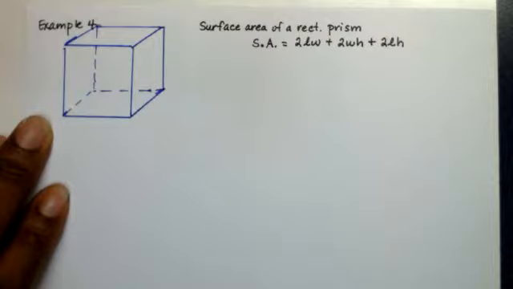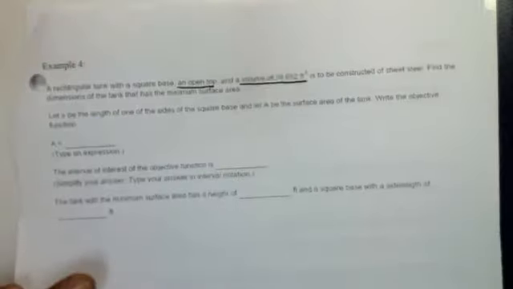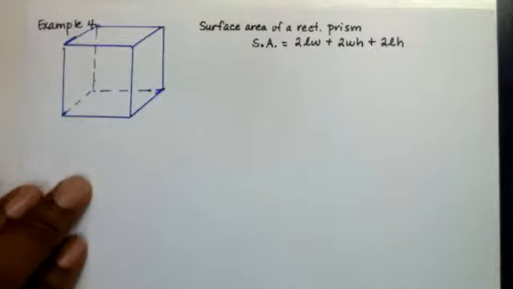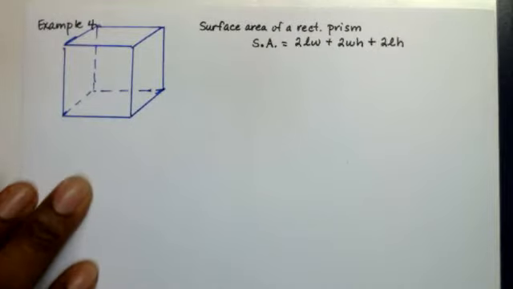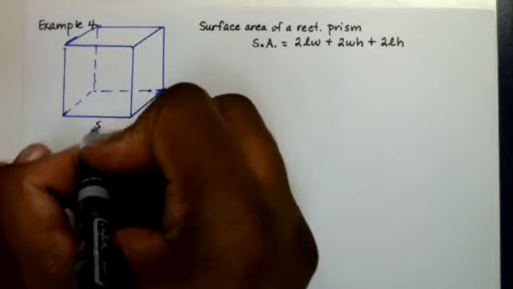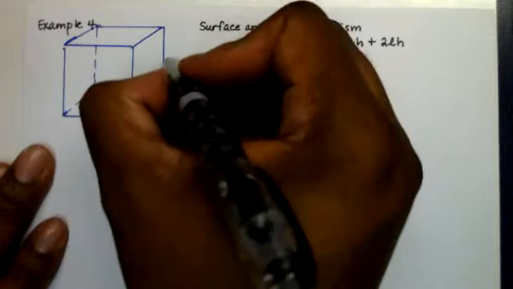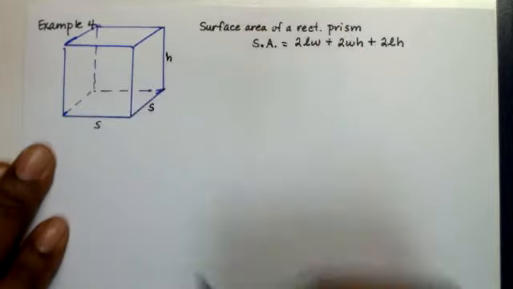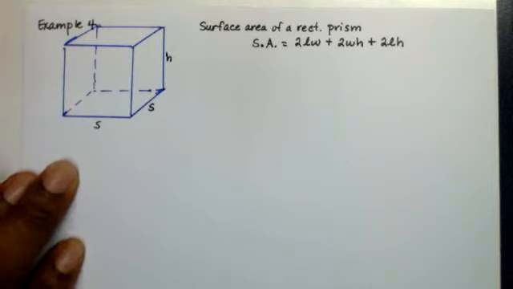All right, now in the problem, they do say, let S be the length of one of the sides of the square base and let A be the surface area of the tank. And here I want to write the objective function. All right, so let's start by labeling this side S, and this side is also going to be S. This will be H, that would be your height.